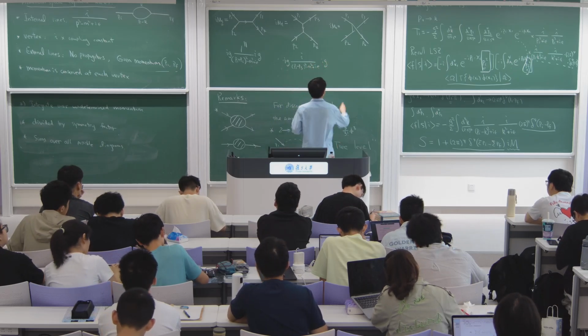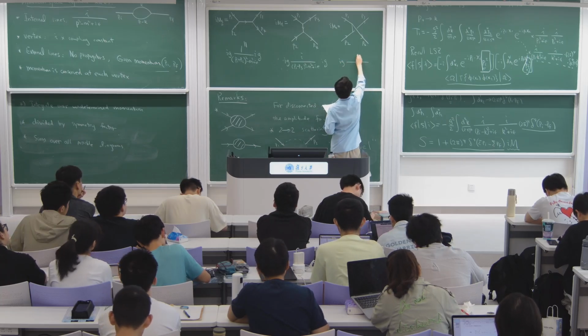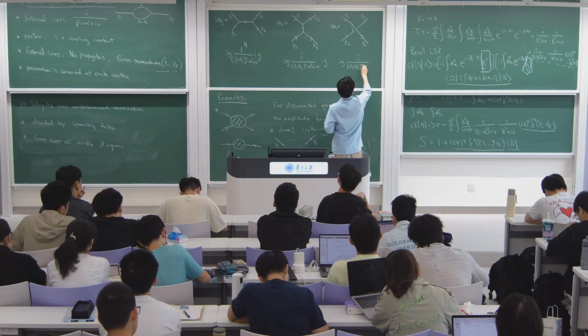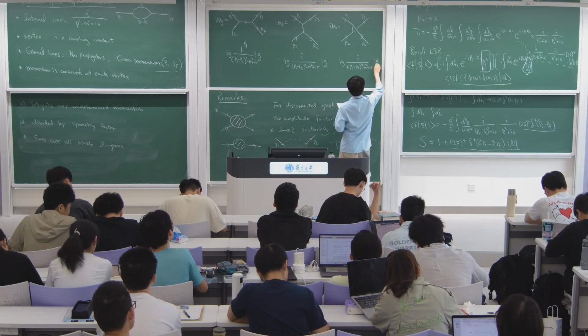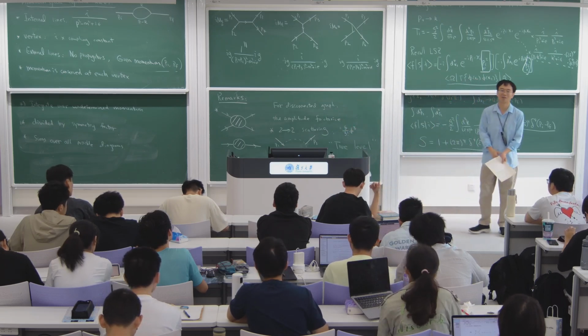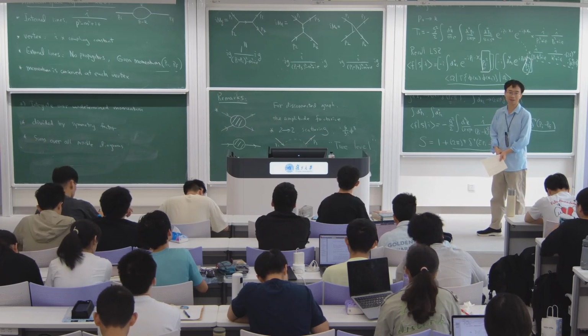That's it. For this one, Ig, i, P1 minus P4, Ig. These are the three results for these three diagrams. Very easy, right?